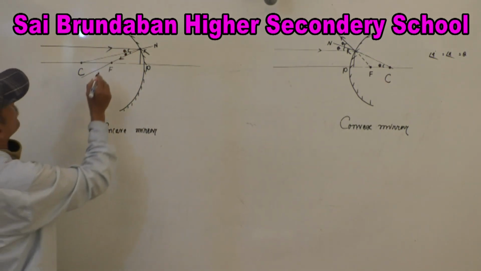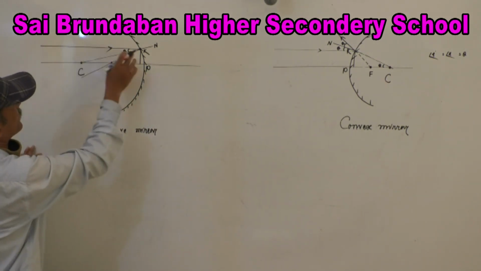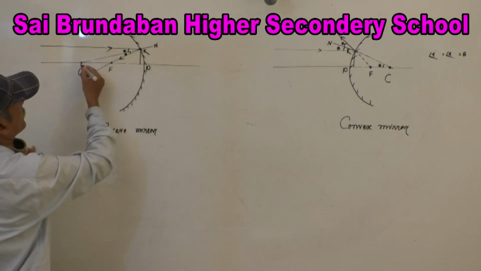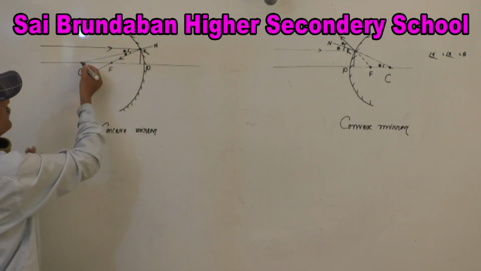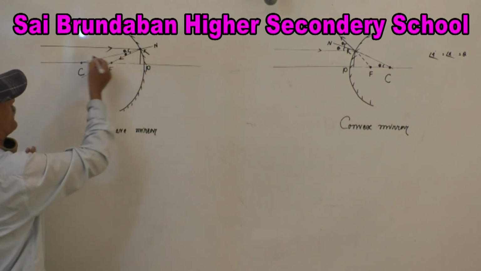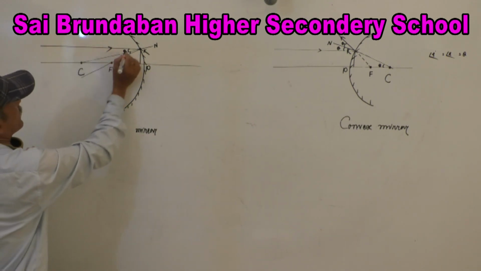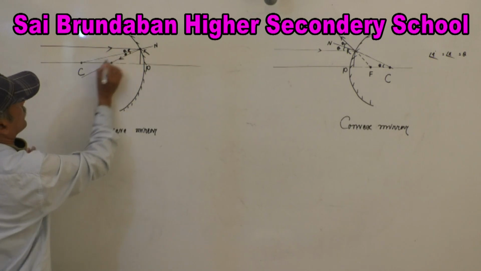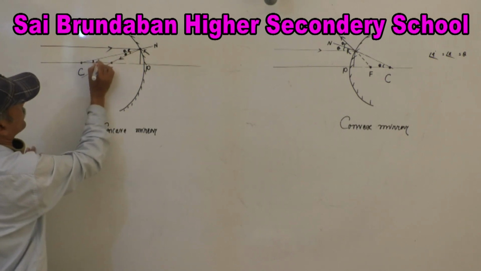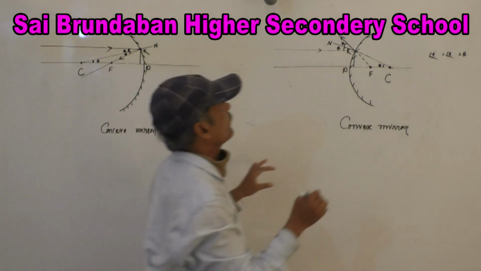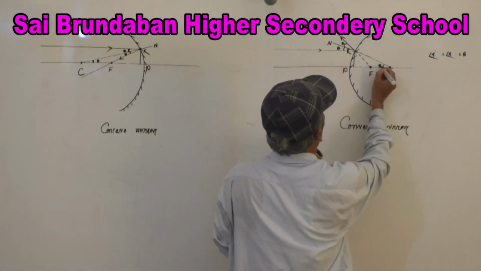These are two parallel lines and this line connects these parallel lines, so this angle is equal to this angle. This is theta.